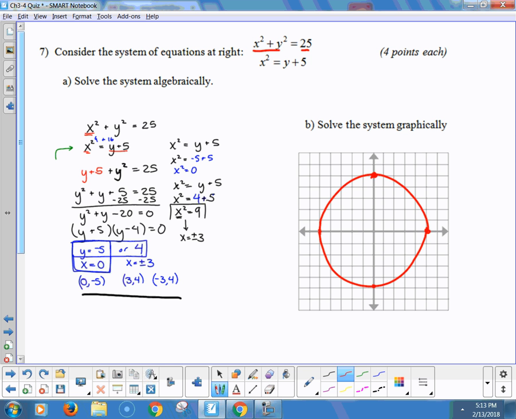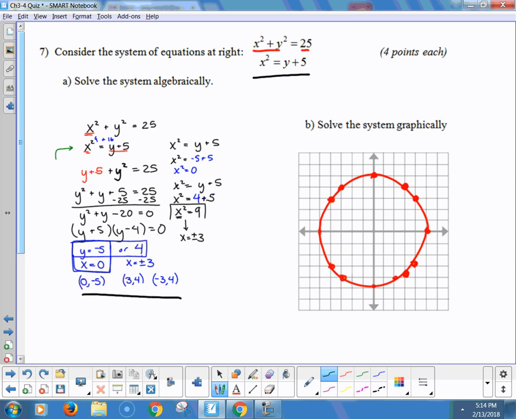If you're an overachiever, then you know that we graphed a circle of radius 5 in your toolkit, and 3, 4, and 4, 3, and negative 3, 4, and negative 4, 3, 3, negative 4, and there. All those points do fit perfectly on a circle with a radius of 5.